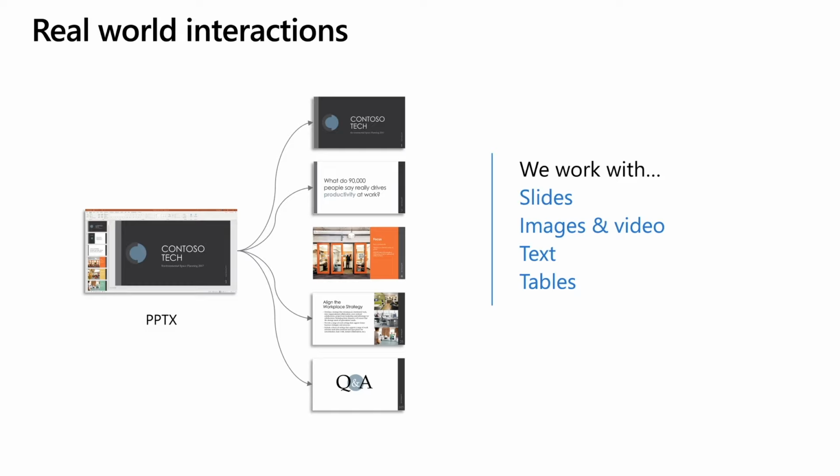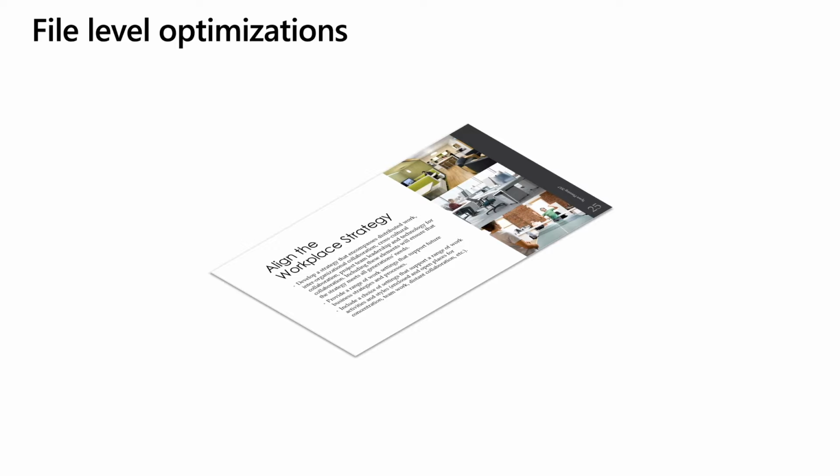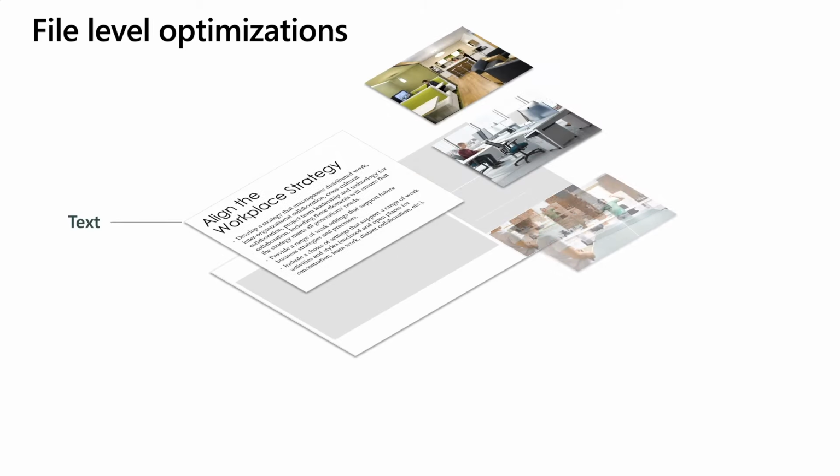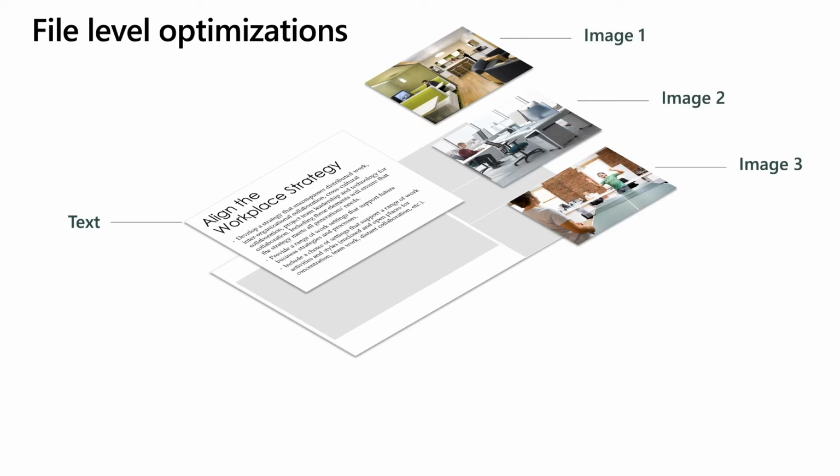So I'm going to pick one of these slides on my screen and walk you through how the storage subsystem actually treats it. So let's pick this slide and dive into it. So here I have a slide. And if you really think about it, this slide is actually composed of multiple items. It's got some text on it, and it's got a bunch of images that have been layered in to really form the slide. So humans actually interact with these components.